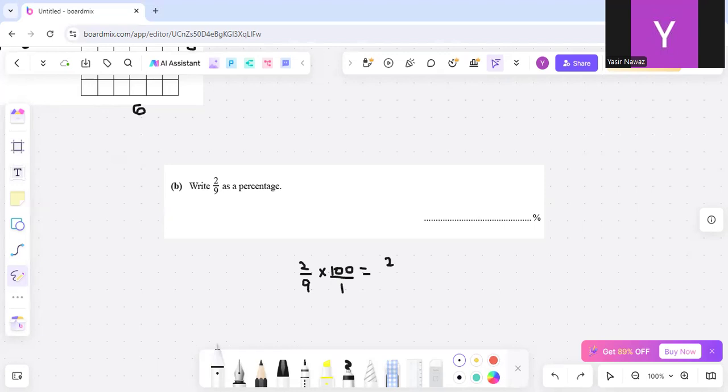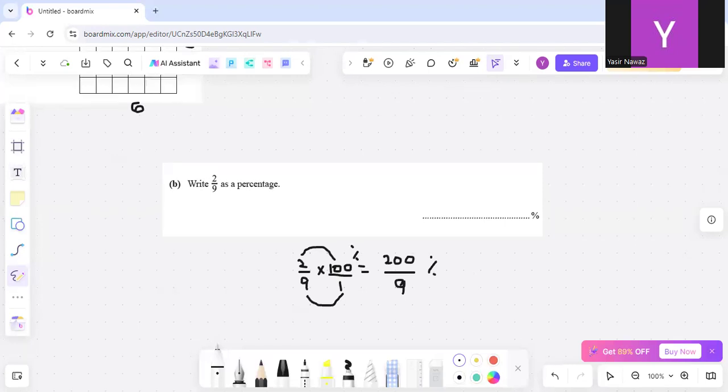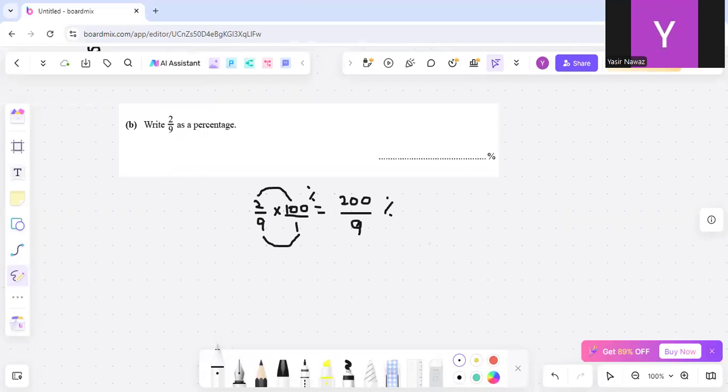The rule to multiply a fraction with a fraction is that you multiply the numerator with the numerator and the denominator with the denominator. So 2 multiplied with 100 gives 200, and 9 multiplied with 1 is 9. I also write the percentage sign here. So it's 200 over 9, and the answer would be in some decimal form.